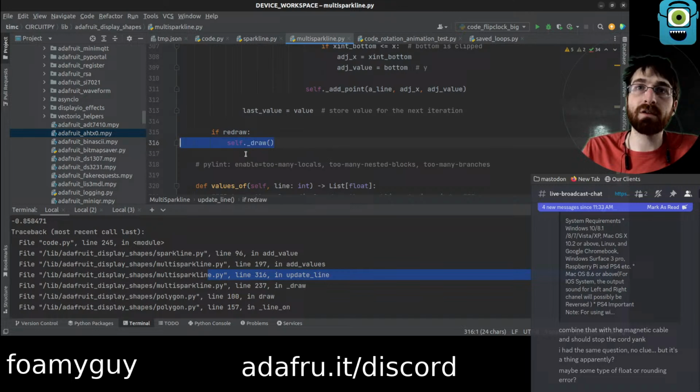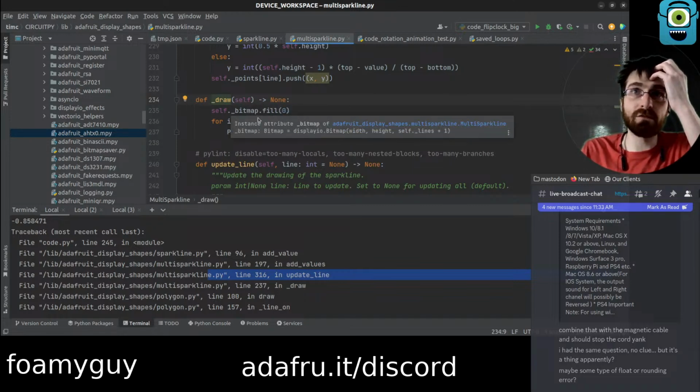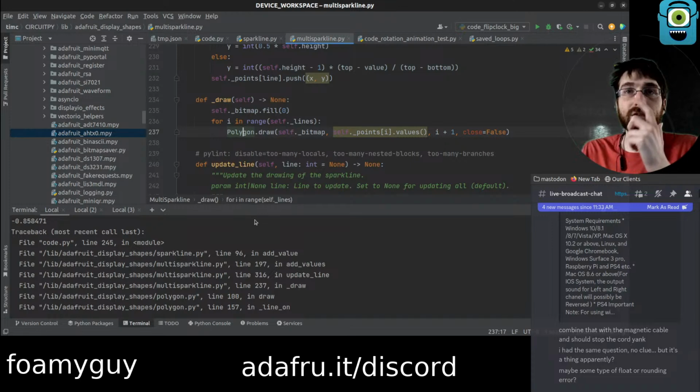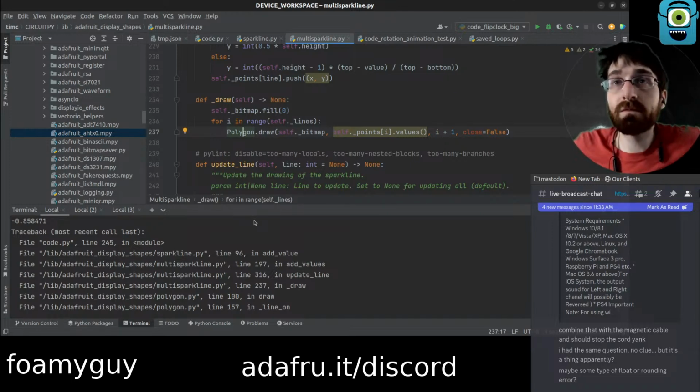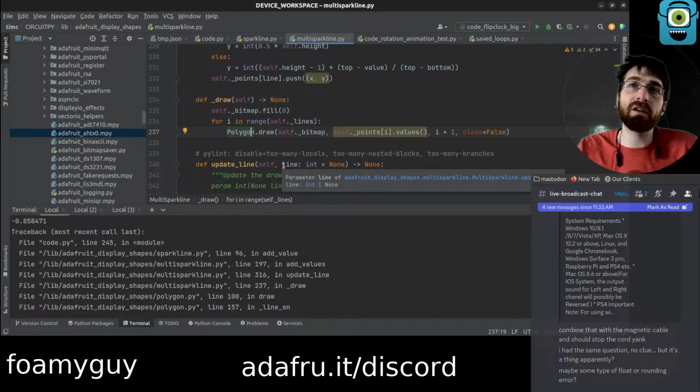When it calls draw, yeah, I could look ahead and we would see the same thing, but I get an idea for the flow here. So draw, and then this is the last one inside multi-spark line. 237 calls our new, I don't know if it's new, but it's now static, so we call this polygon draw.